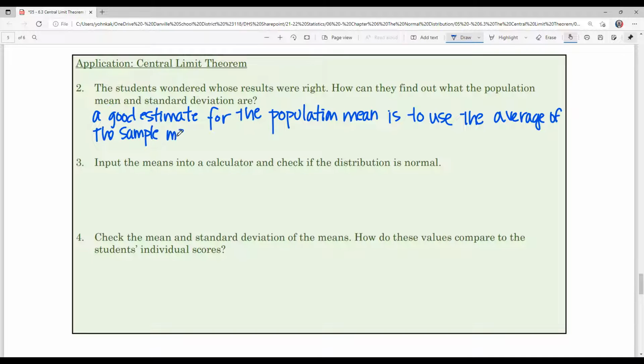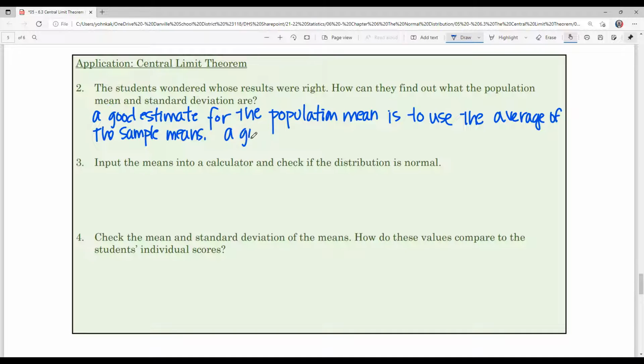Because you're never going to actually be able to find what the population mean is. The population is going to always be larger than anything you can calculate. So instead of going to every member of the population, you can just take a bunch of different samples, average those together, and that's going to give you your best estimate.